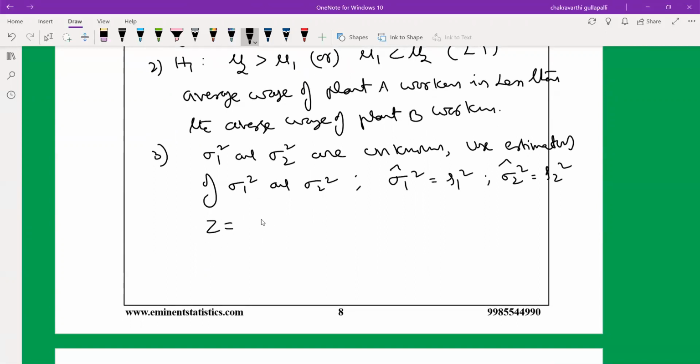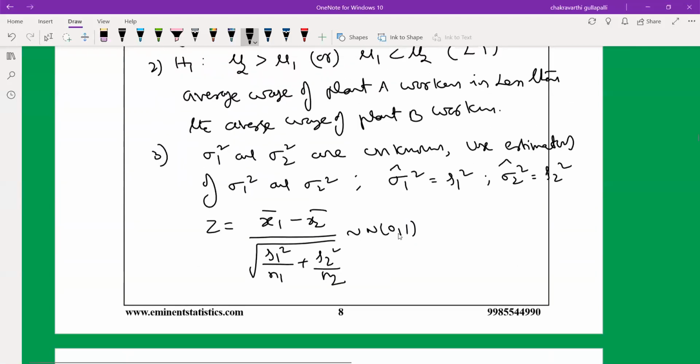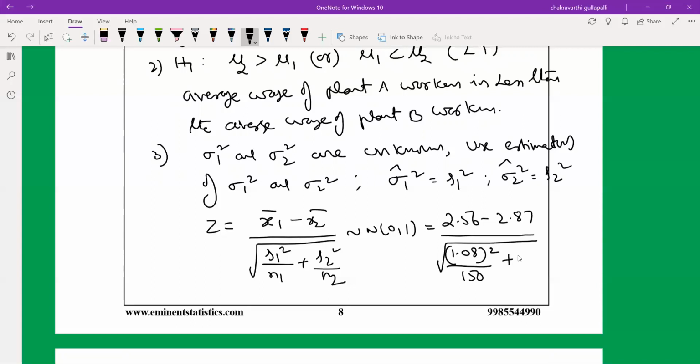Now in this case, the Z formula is x1 bar minus x2 bar divided by the square root of s1 square by n1 plus s2 square by n2, with both n1 and n2 greater than 30, and follows N of 0, 1. Here x1 bar is 2.56 minus 2.87, divided by the square root of 1.08 whole square divided by 150 workers in plant A, plus 1.28 whole square divided by 200 workers.